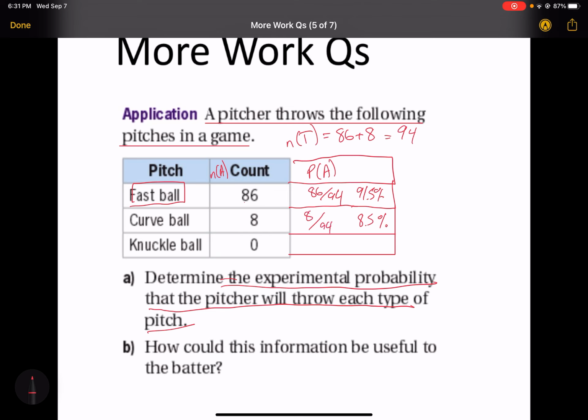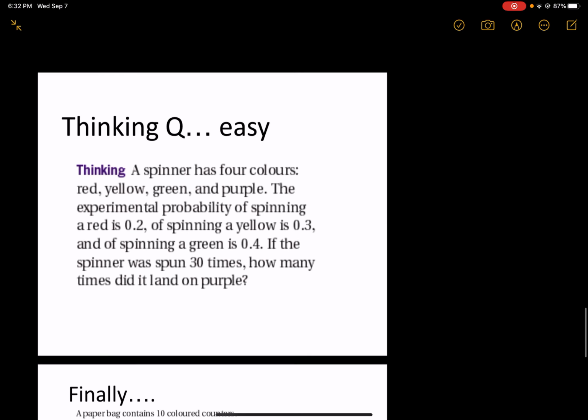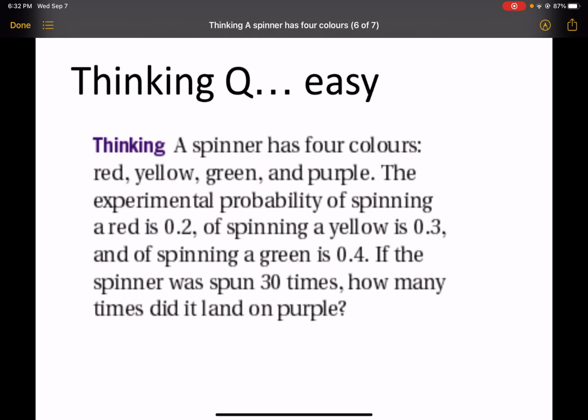All right, thinking question. A spinner has 4 colors: red, green, yellow, and purple. The experimental probability of spinning red is 0.2, of spinning a yellow is 0.3, of spinning a green is 0.4. If the spinner was spun 30 times, how many times did it land on purple? Okay, so let's see.